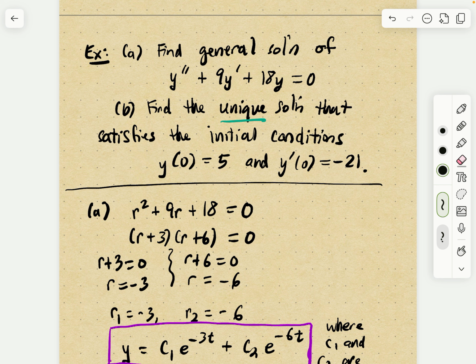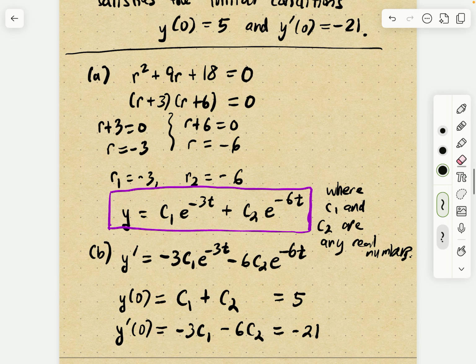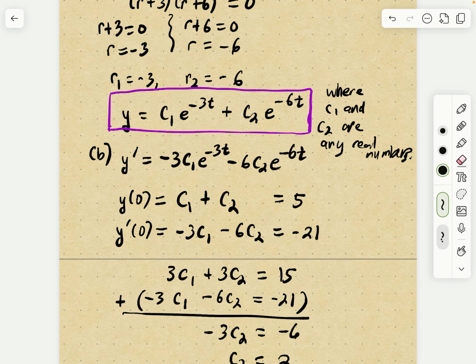And then if you get a problem which is an initial value problem, I think it's easier to, once you have your y, find the y prime and then plug in your initial values into your y and y prime after you figure out what y prime is. So figure out what y prime is first and then plug things in after that.